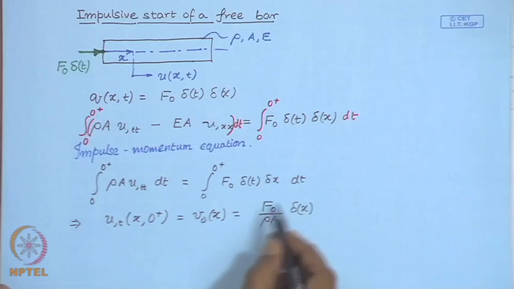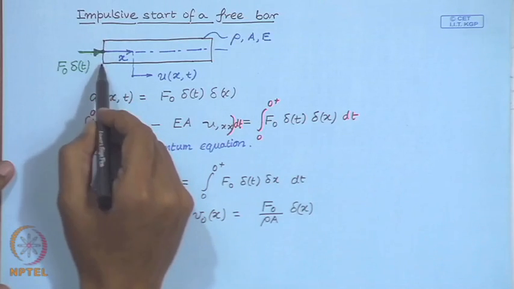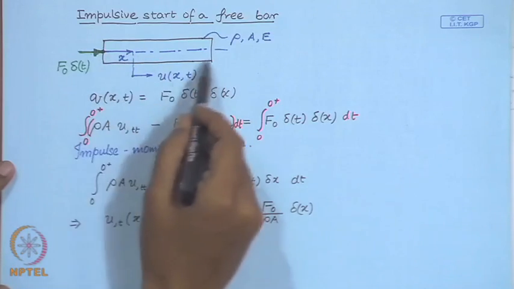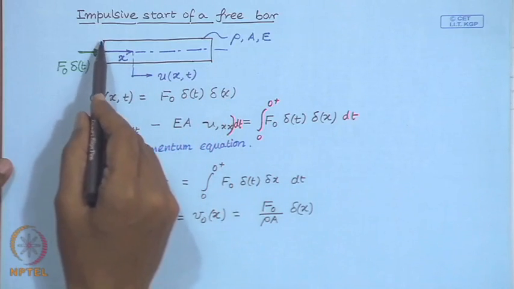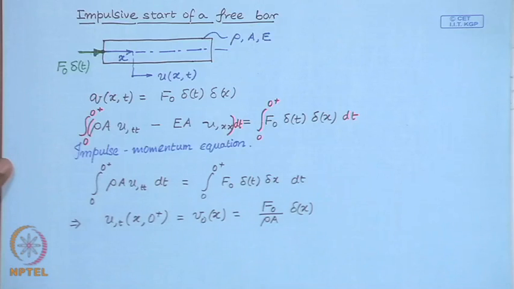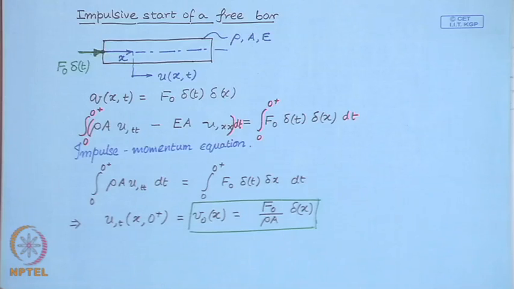What this means is that at x equal to 0 there is this velocity, whereas almost at all other points of the bar the velocity is 0, except this layer at x equal to 0, which has a velocity F naught by rho A. So, this gives us our initial condition on the bar.